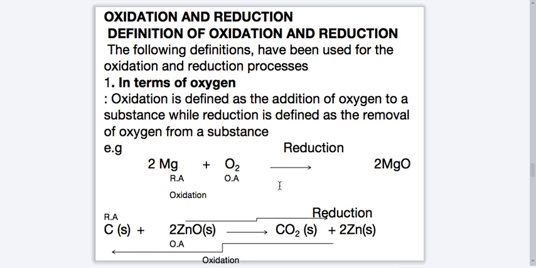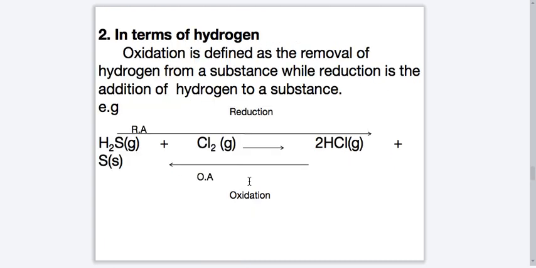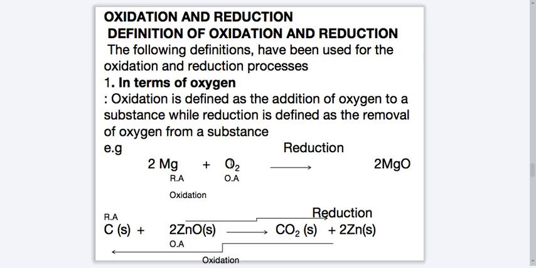So any substance that oxidizes in the chemical reaction will serve as reducing agent, while the one that reduces will serve as oxidizing agent. Again, Mg to MgO is oxidized, that is the reducing agent, while O2 is reduced, that becomes your oxidizing agent.